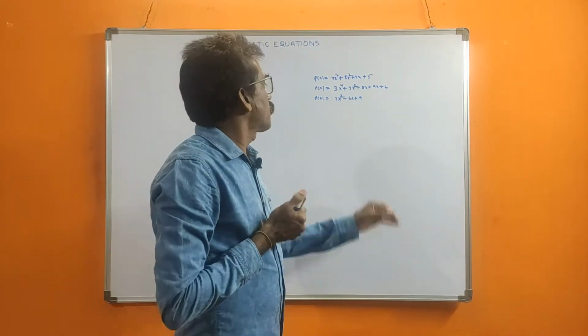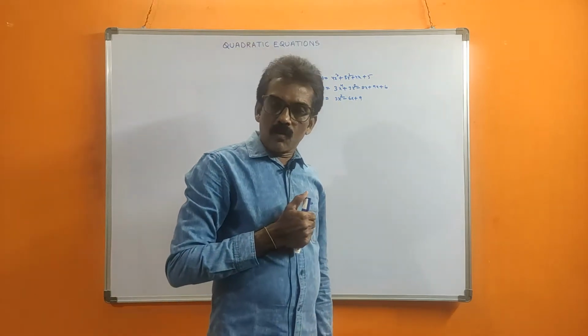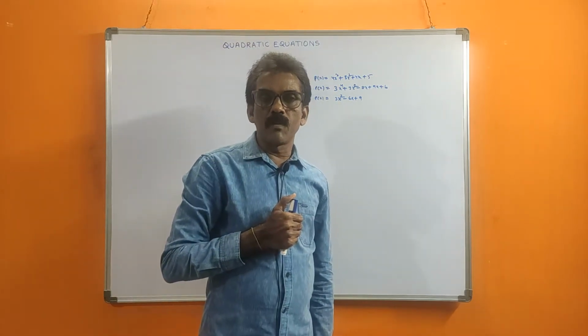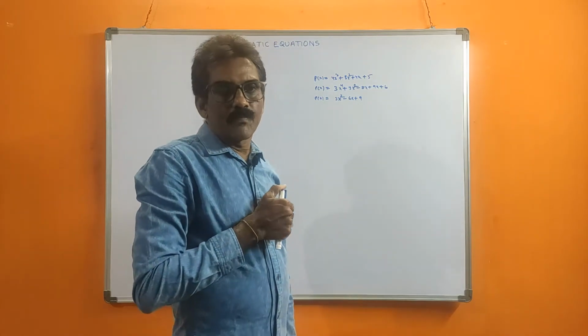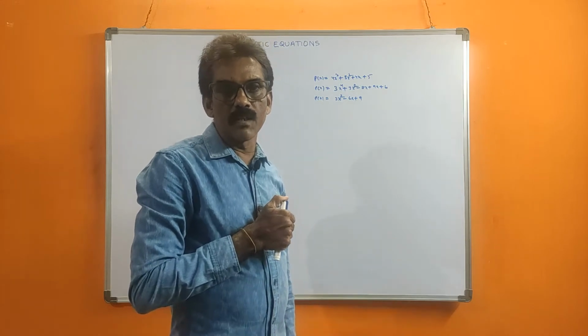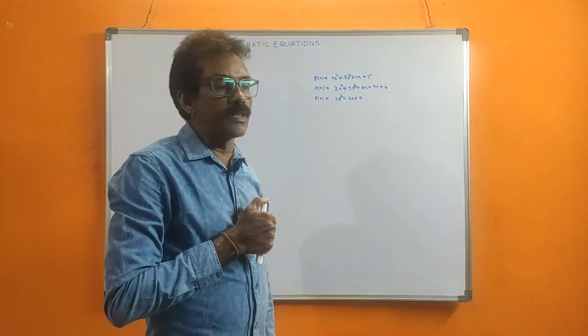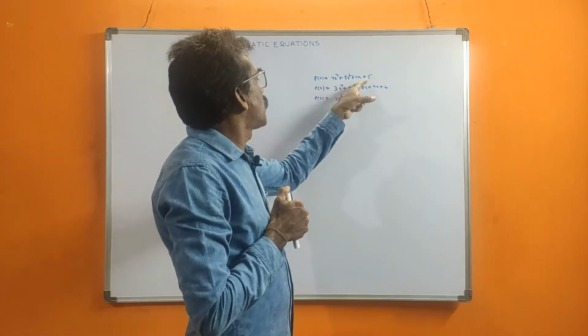But if you observe, what is the degree of these polynomials? What is the degree of any polynomial? You know, it is the highest power of the variable. The highest power of the variable is called the degree of that polynomial. Here only a single variable x is there. For that x, what is the highest power?